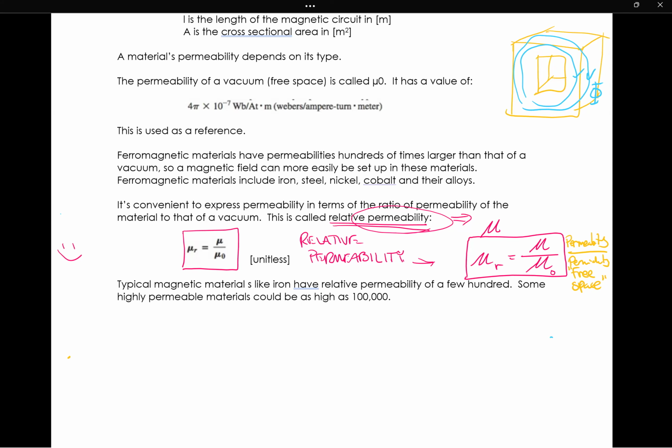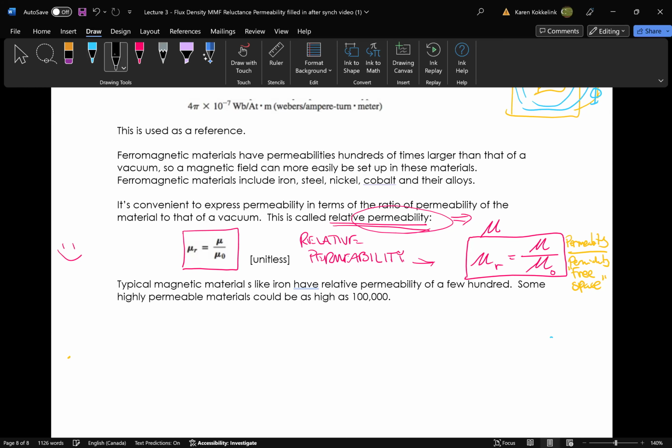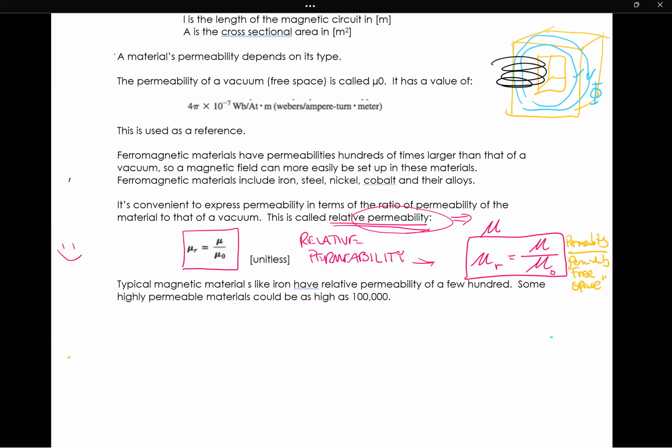We have lines of flux. They got established by a bunch of coils with current running through them. There's current running through them times the number of coils, and that induced this magnetism, which is magnetic flux. And if it's really permeable material, we call that permeable.